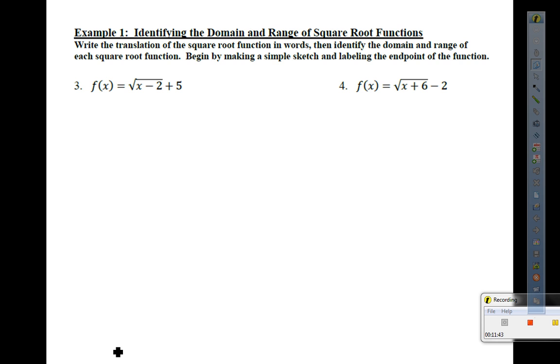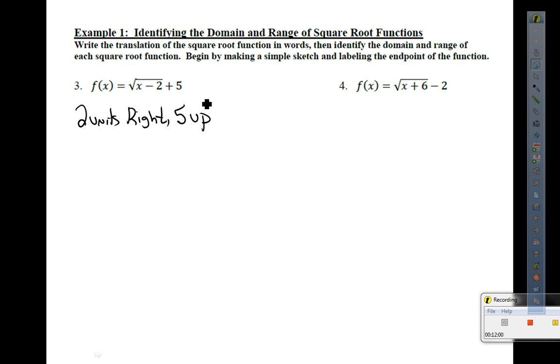Look at your number 3. I'm hoping that you can look at that and know in words what it's going to do. It's going to move it 2 units to the right, and then it's going to move it 5 units up. Underneath the radical, opposite of what you think; outside of here, what you see is what you get.